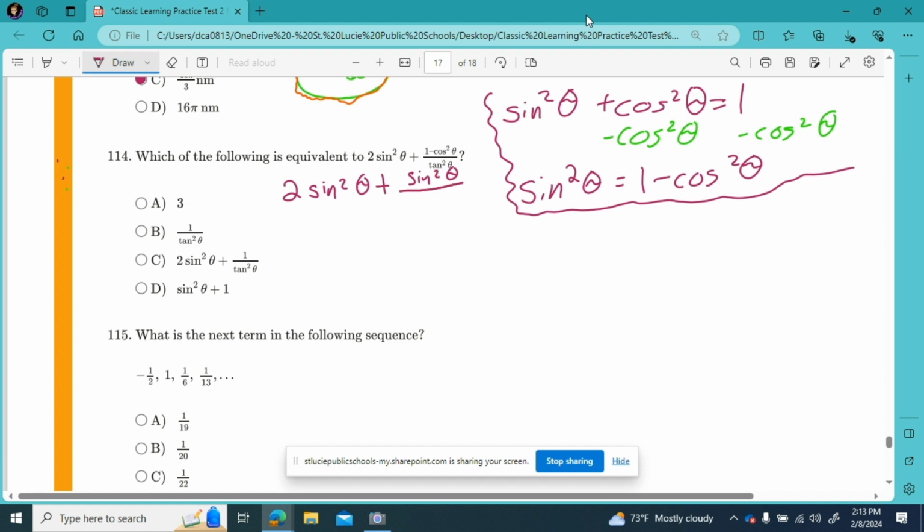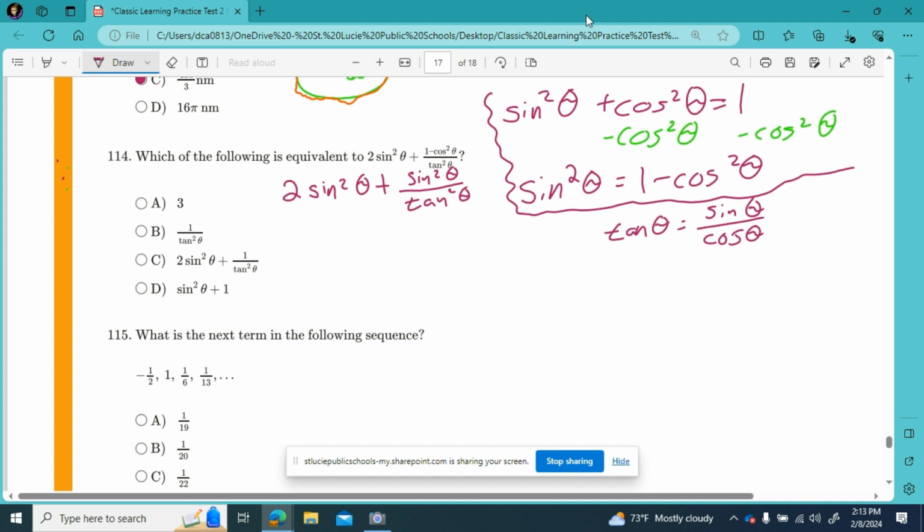So I'm allowed to do this. Tangent squared theta. Okay? And next, I can rewrite tangent squared theta. This is given to you on your reference sheet: the tangent of theta equals the sine of theta over the cosine of theta.